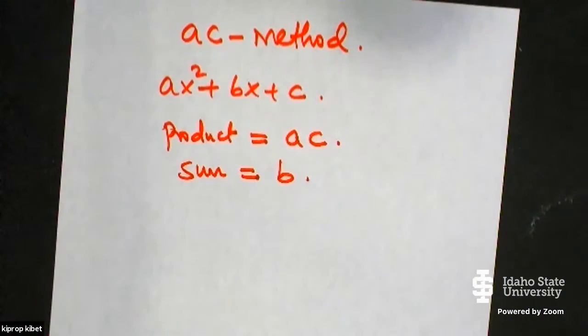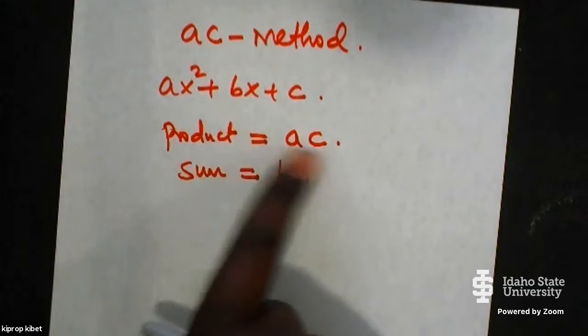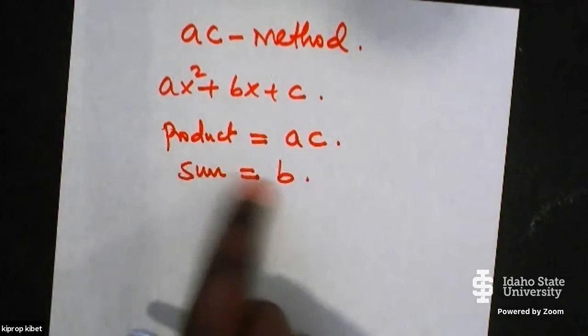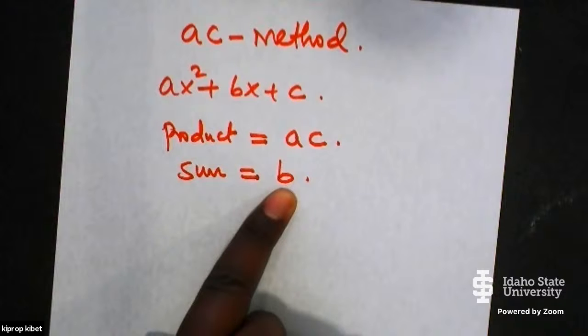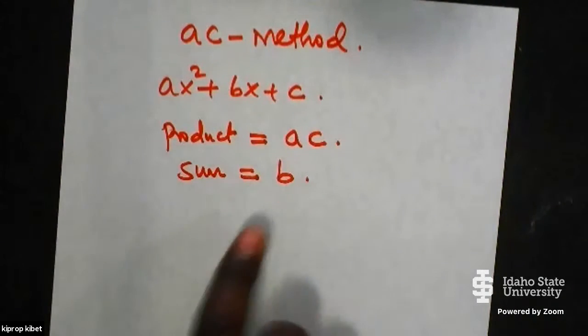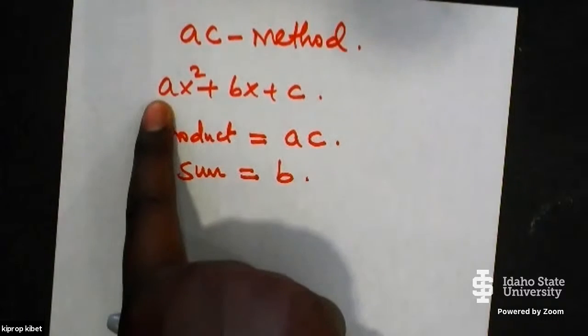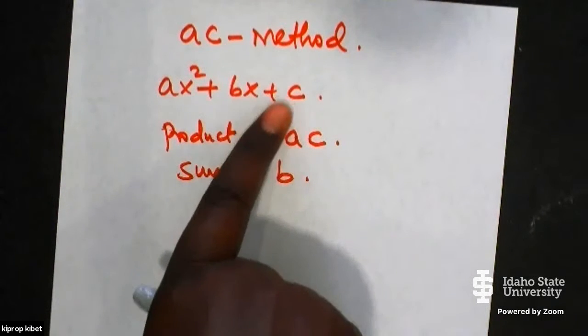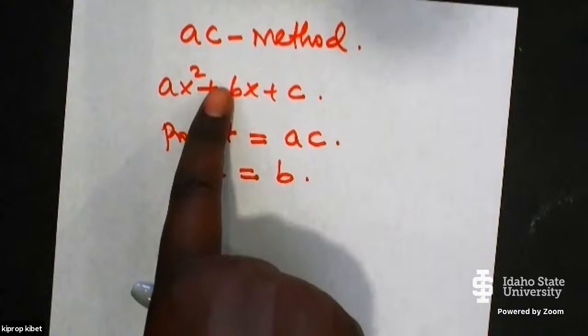So that is our AC method. The product is AC, and the sum is B. So you should know how to get those. You multiply A and C. In our case, it's 6 and 14, so when you multiply the two of them, you get negative 84.